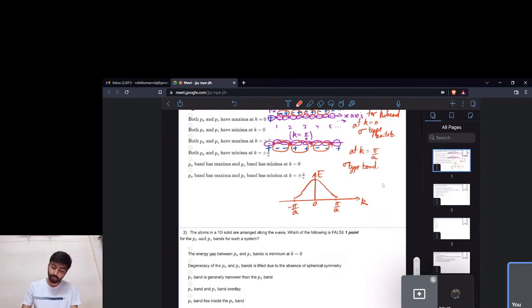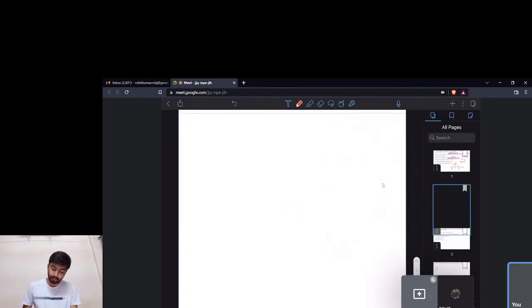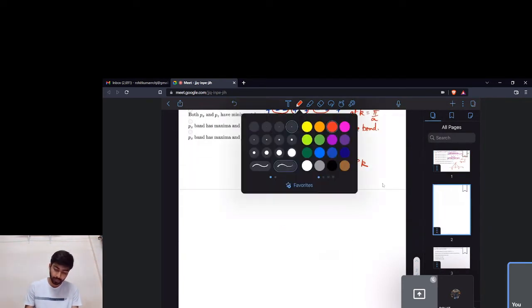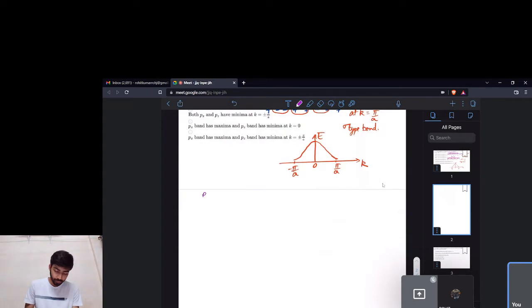Now what happens for the pz band is the following. For the pz band, this is the chain going on, atoms present at so and so positions.